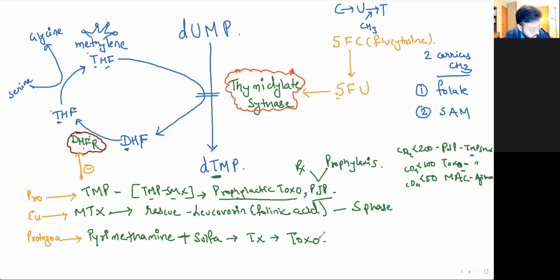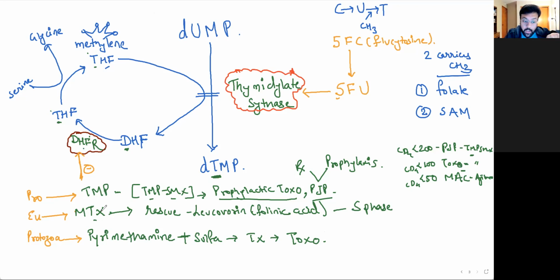So we now know drugs which can block dihydrofolate reductase. We now know drugs which can block thymidylate synthase. What else do I want to talk about? If you give folate to a patient taking methotrexate, that can reduce the toxicity of methotrexate, right?